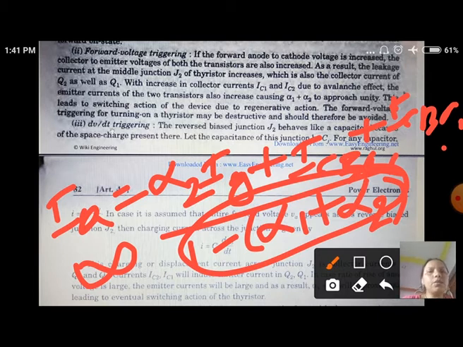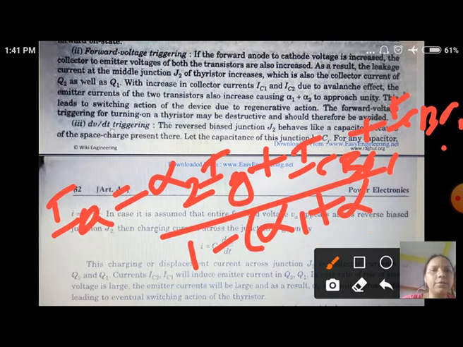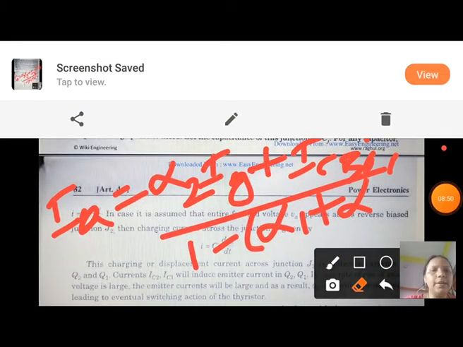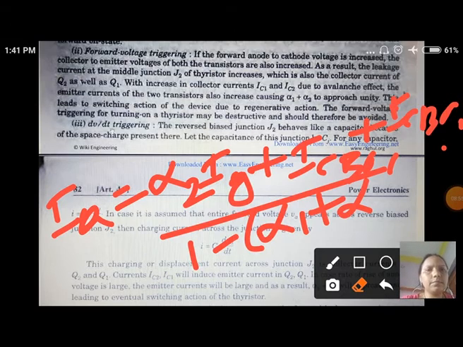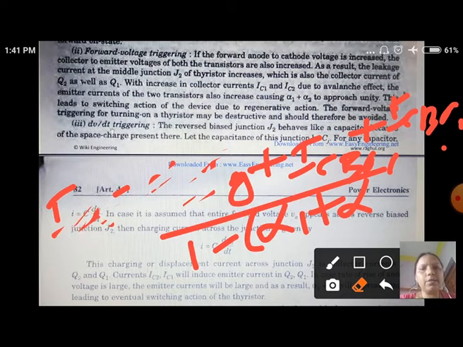Okay, so the next method of triggering is the dV by dt triggering. So in dV by dt triggering, what happens?